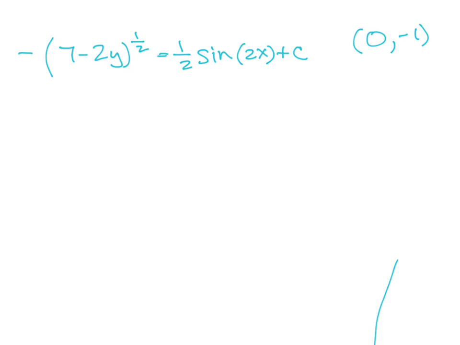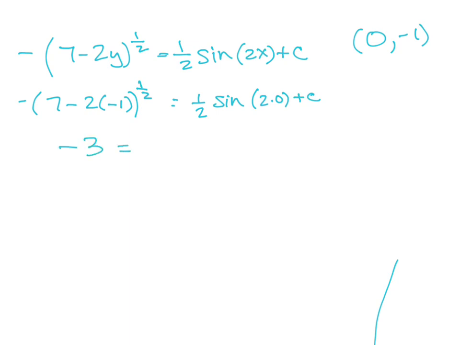So when y is negative 1, negative 2 times negative 1 is plus 2. 7 plus 2 is 9. Square root of 9 is 3, so negative 3 equals, what's sine of 0? 0. Half of 0? Negative 3 is c. See, we get the heebie-jeebies, but it's not bad.